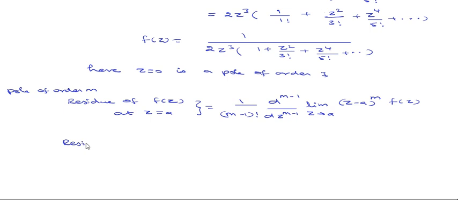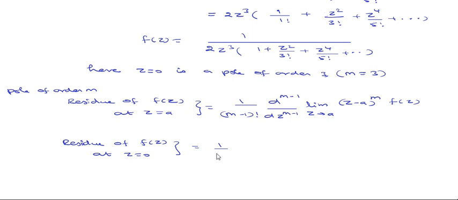Now in our case, we have to find the residue of f of z at z equal to 0. Here we have a pole of order 3, so m equal to 3.